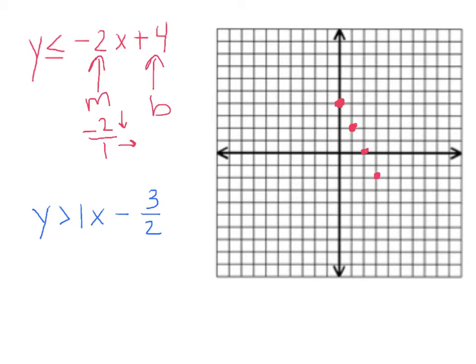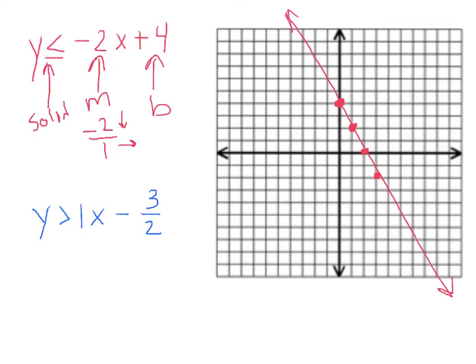Then we look at our inequality, which is less than or equal to. From our notes from 2-7, if it is equal to, it needs to be a solid line, so we draw a solid line.